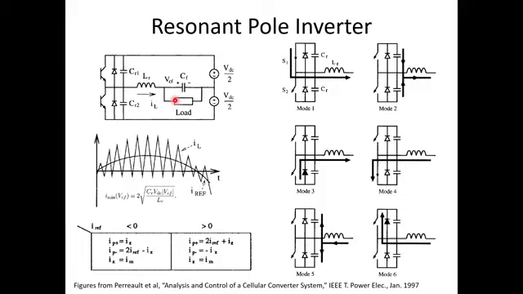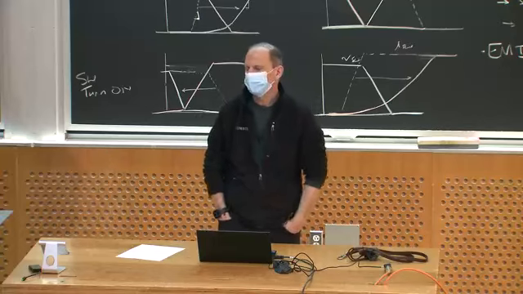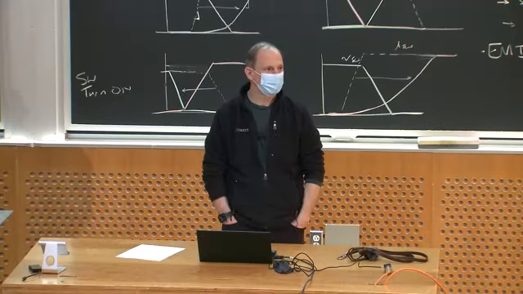So you could imagine this is some low frequency AC output that I want to synthesize to deliver single phase, low frequency AC power, and I'm willing to switch this inverter at a high frequency in order to do that. And this first design is called a resonant pole inverter, or that's one of its names. It's very often used. It's one of these techniques where the whole circuit is designed and controlled to achieve soft switching and to achieve high frequency operation.